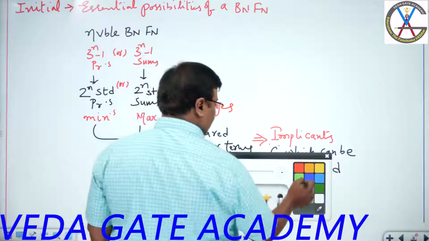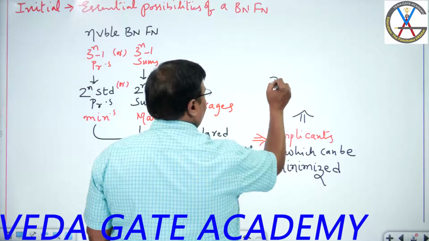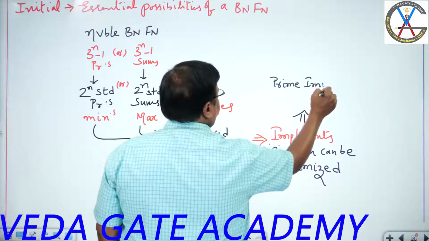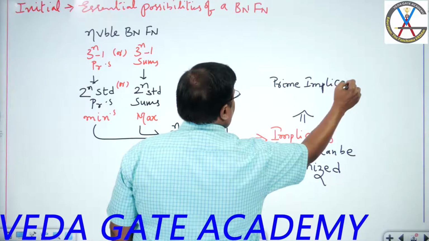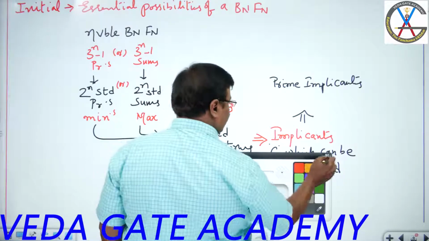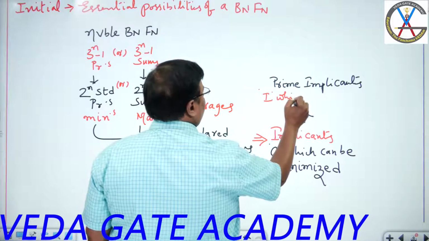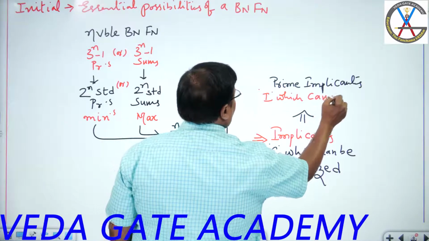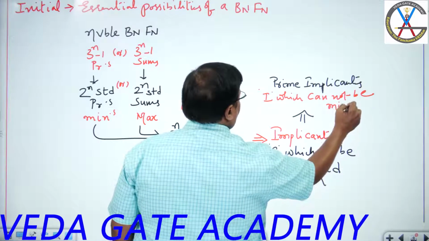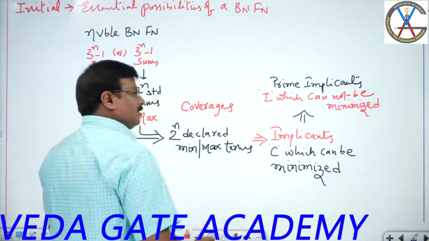After implicant, in digital, we have prime implicants. The definition of a prime implicant is an implicant which cannot be minimized.